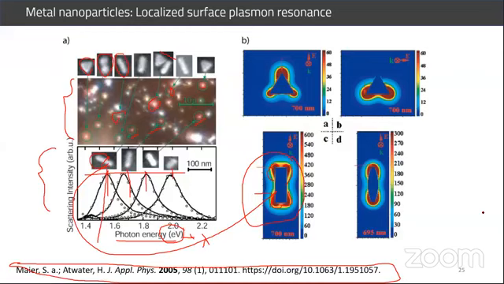So if you want to use a particular wavelength, you can design your nanoparticle for that wavelength by doing simulations to find out which nanoparticle you want, and you can fabricate it by different methods out there, and use it in your experiment, or in your biological sensing measurement, for example, to have better resolution.